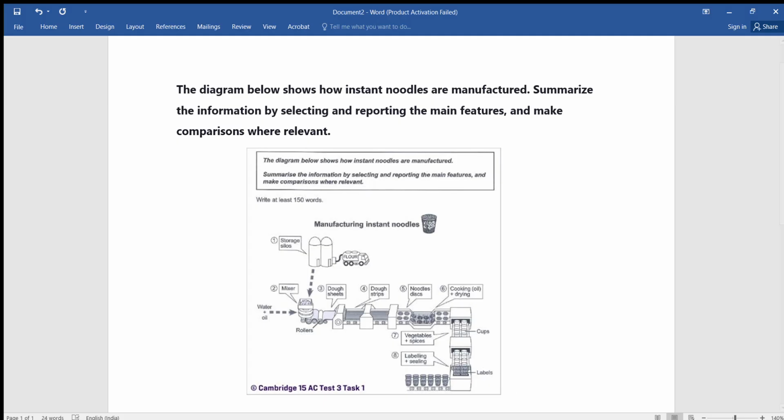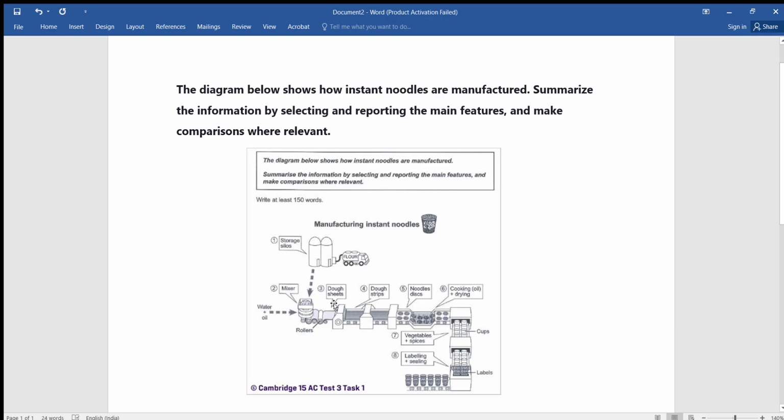So let's analyze the task first. First of all, flour is stored in storage silos. Storage silos means big structures where a huge quantity of something is stored. After that, in the next step, flour is mixed with water and oil.